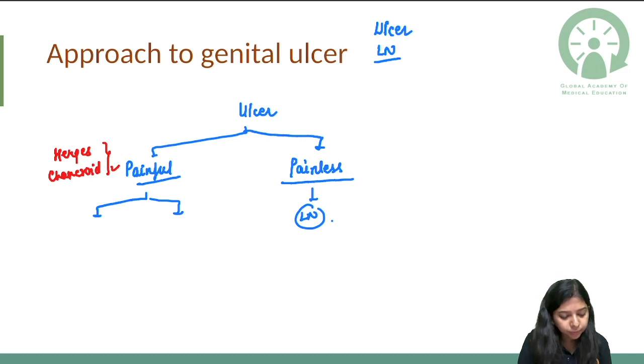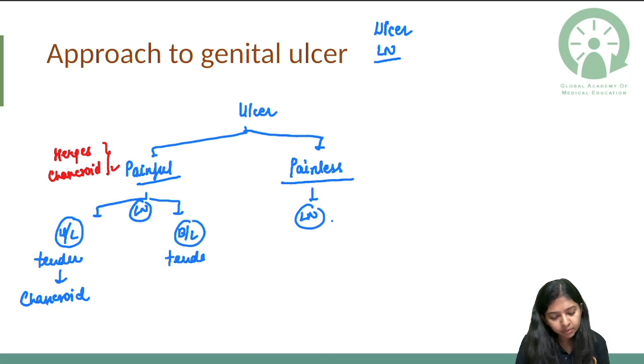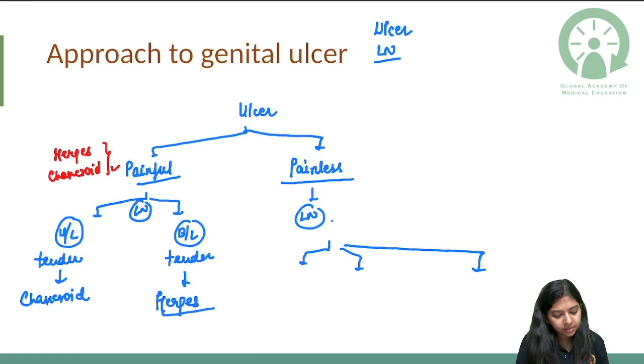If the lymph node is unilateral and tender, it's a case of chancroid, okay? If bilateral, painful, tender, it's a case of herpes, right? And if the lymph node is normal, it's a case of donovanosis.